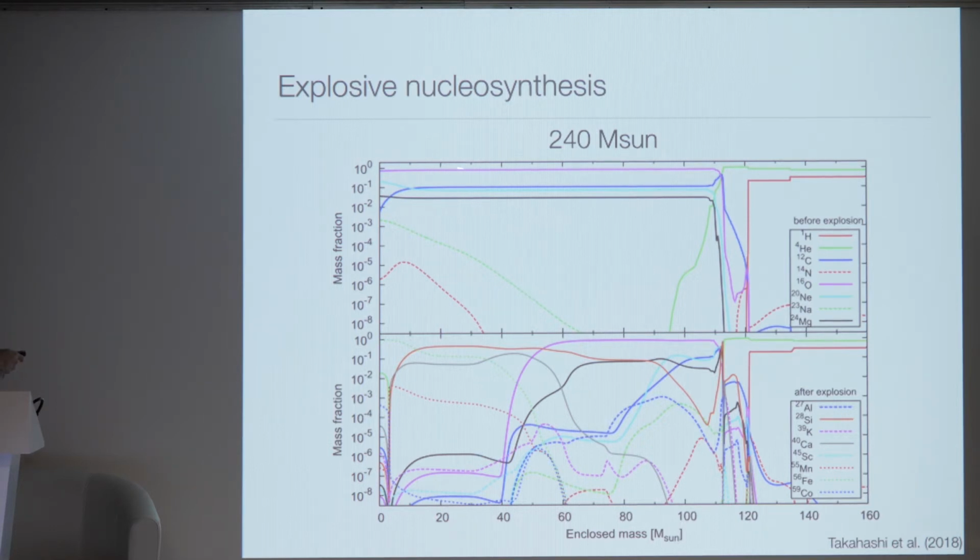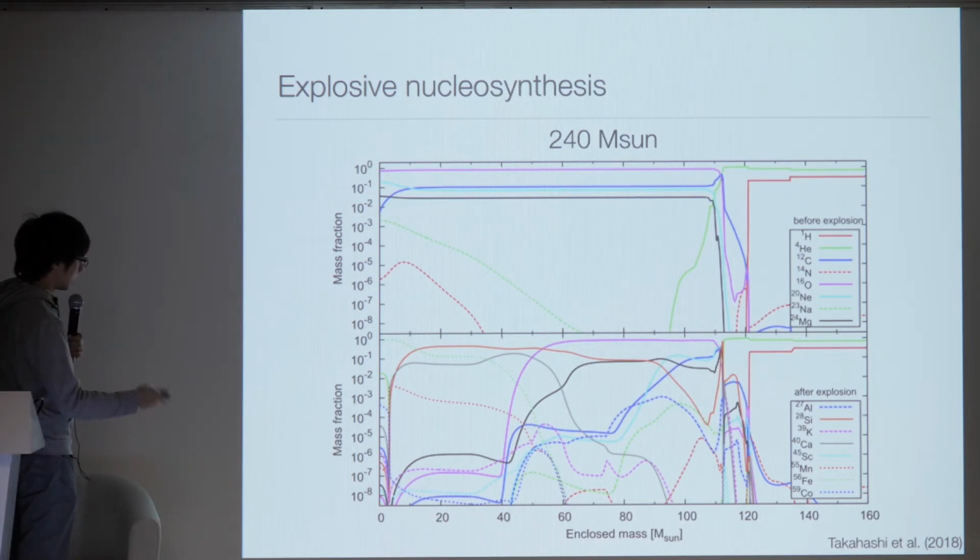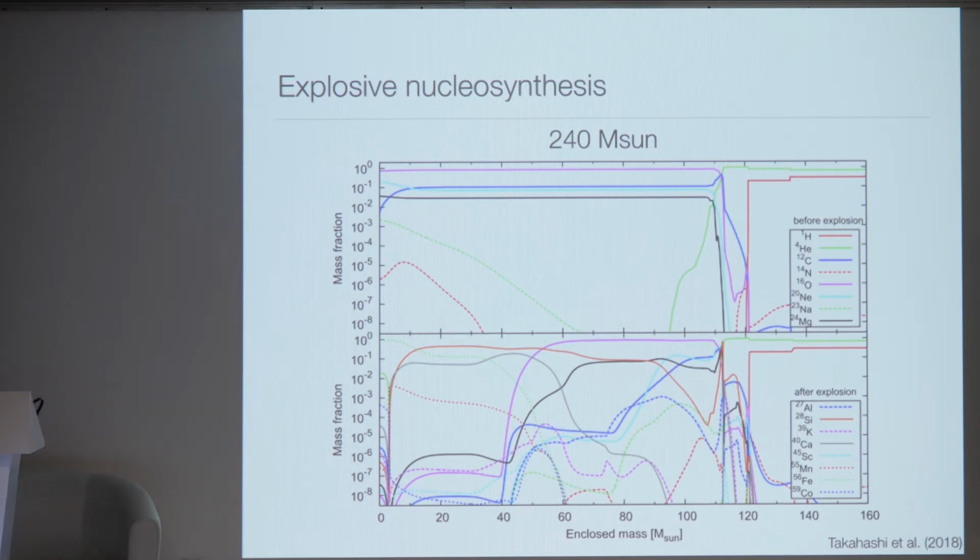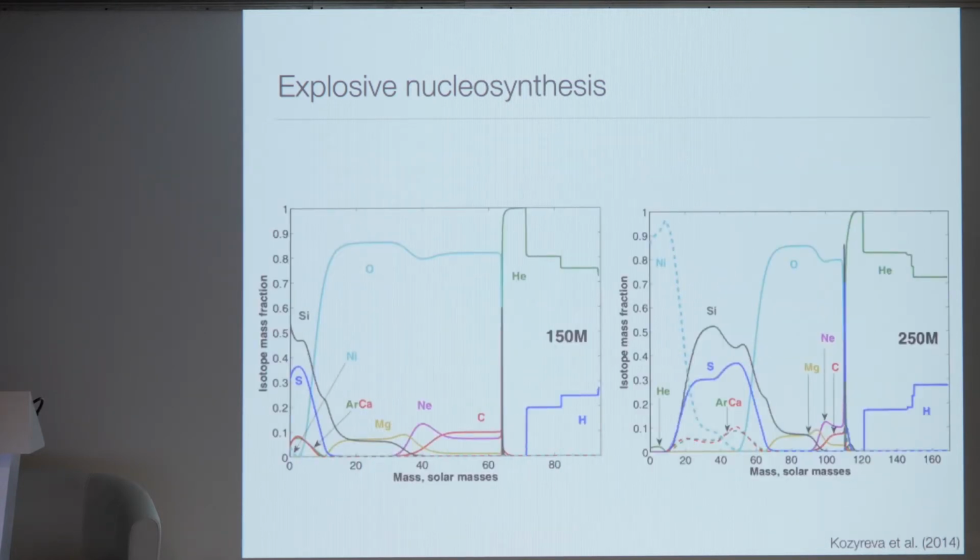At the center much nuclear burning happens, and this is after the decay. So it shows iron 56, but this was originally nickel 56. So there will be much radioactive nickel 56 inside, and that can make the supernova very bright.